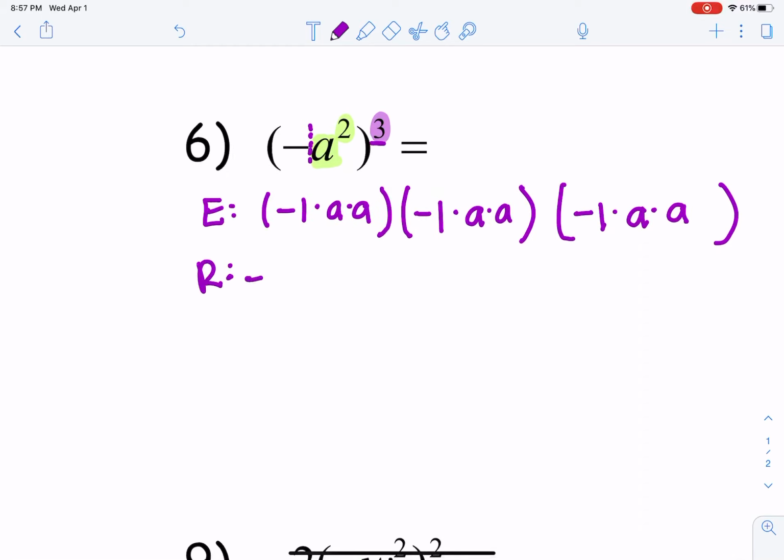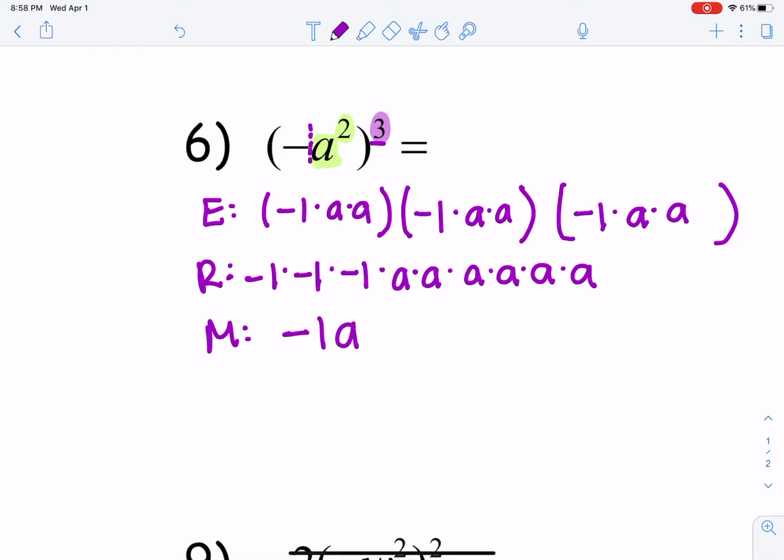Bring our numbers to the front, and then our variables. All right, negative times negative is positive, so I get +1 times another -1 is negative. So this is going to be -1, a, and I have 6 a's. I could also write this as -a to the power of 6.